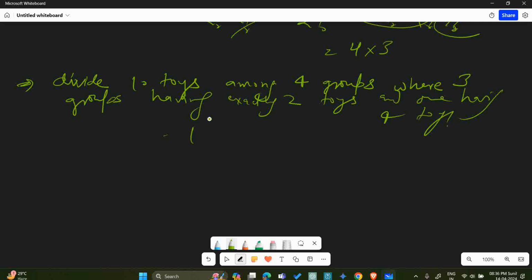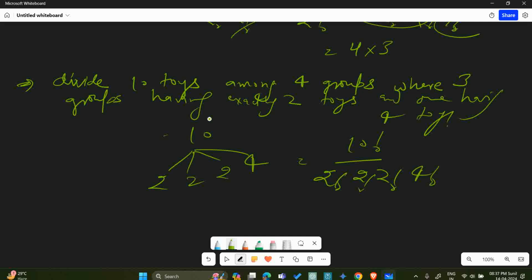Like 10, we have to select 2, 2, 2 and 4. What we can do is 10 factorial upon 2 factorial, 2 factorial, 2 factorial, 4 factorial, and neutralizing this 3 factorial also. Alright.